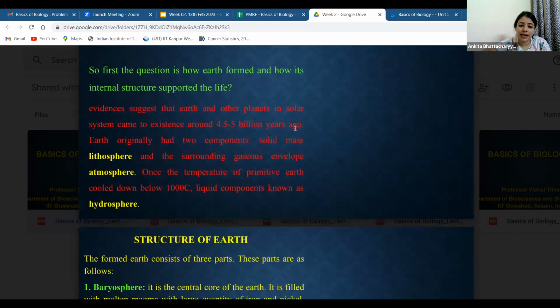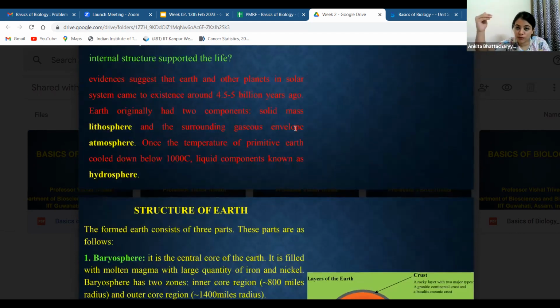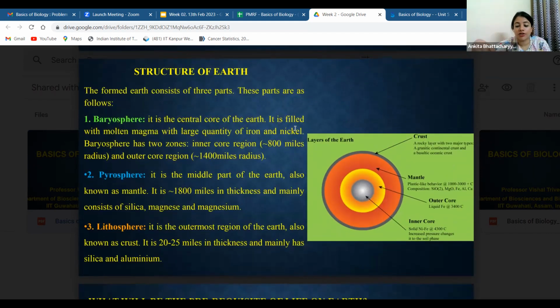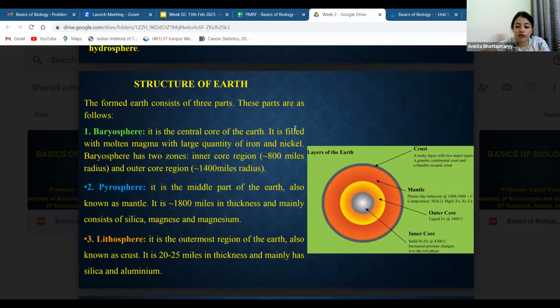Under that, they talked about the different layers of the earth. The discussion was on what is the barysphere, the pyrosphere, and the lithosphere. The barysphere is the central core of the earth, which has the molten magma, which is what gets expelled when there's a volcano, along with other metals like iron and nickel, and it has an inner and an outer core region.